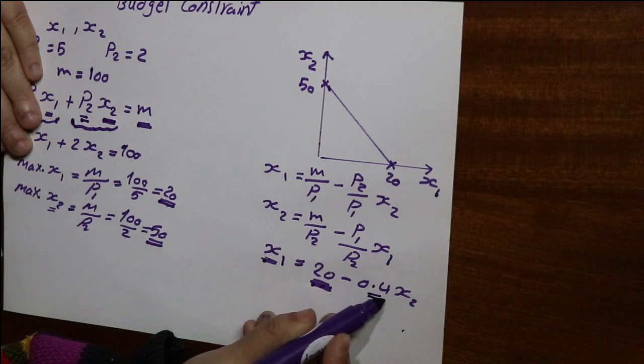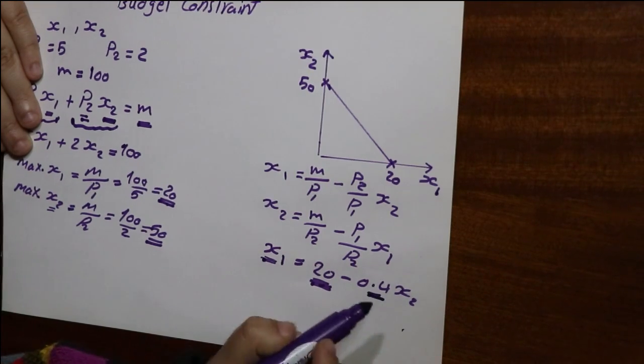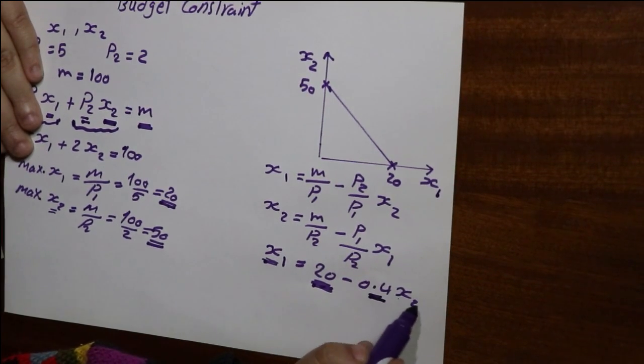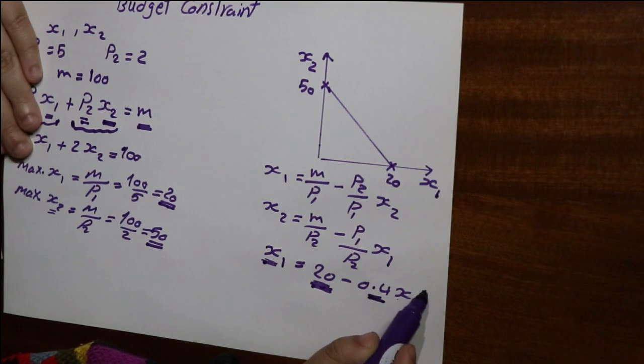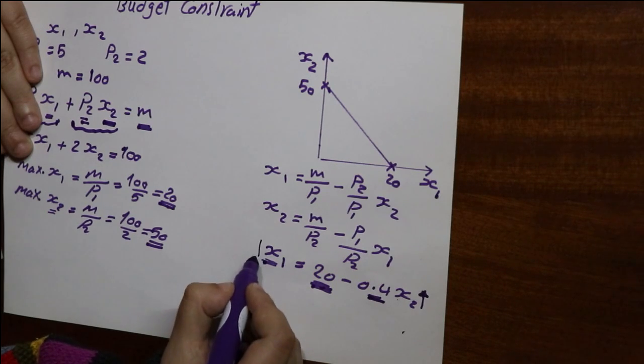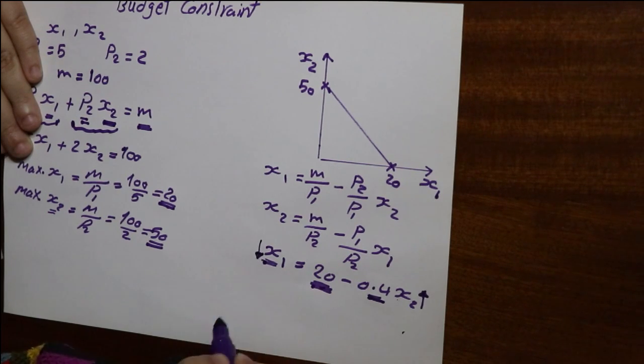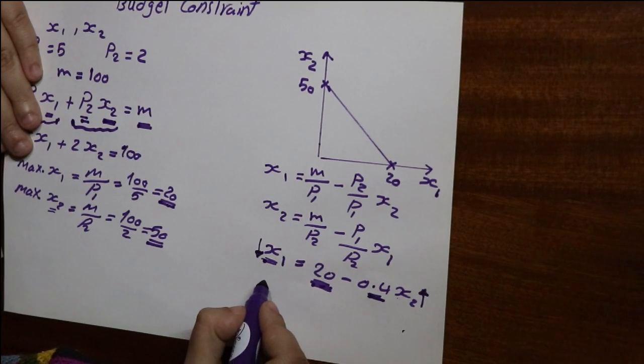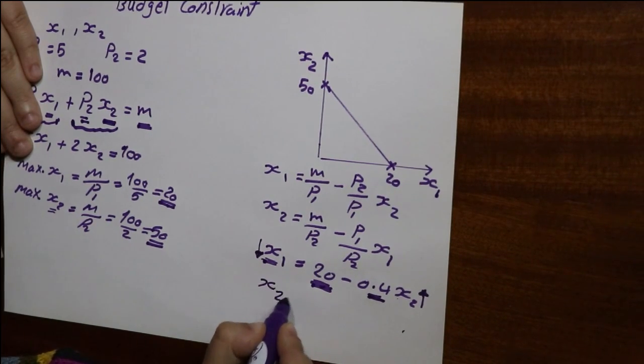0.4 is the slope, which means if I increase the units of x2 by 1 unit, the quantity of x1 will decrease by 0.4. Then I will derive the x2 equation.